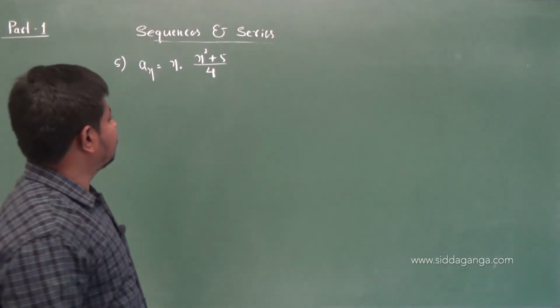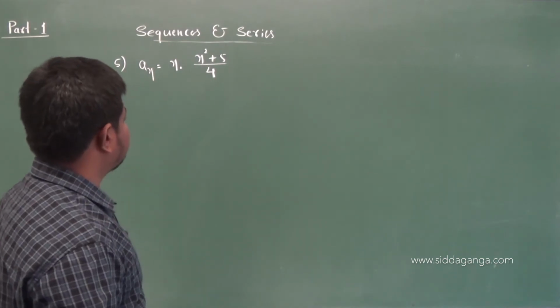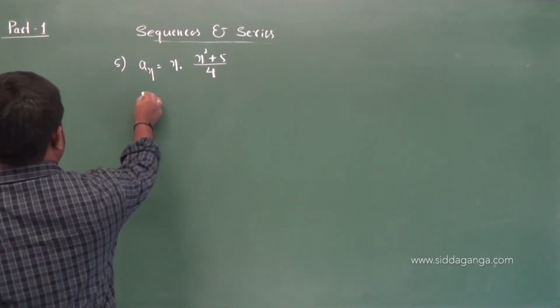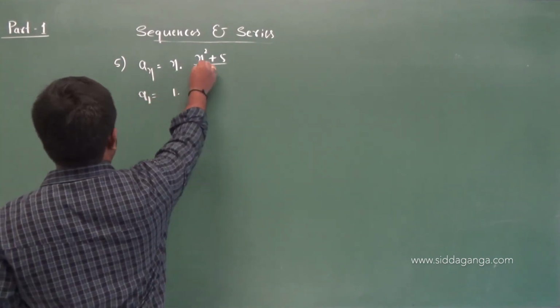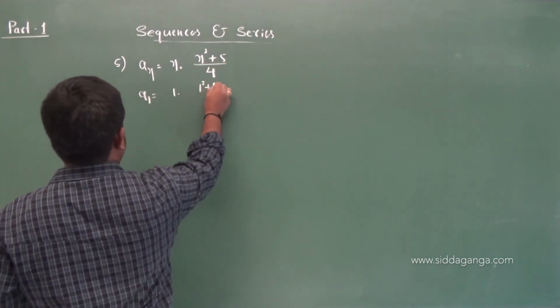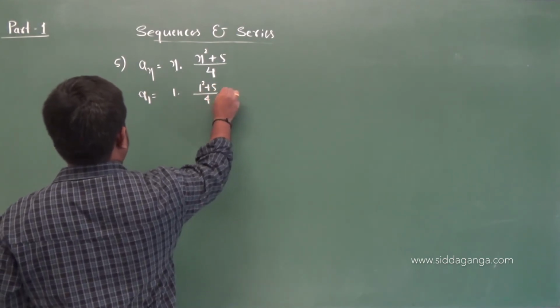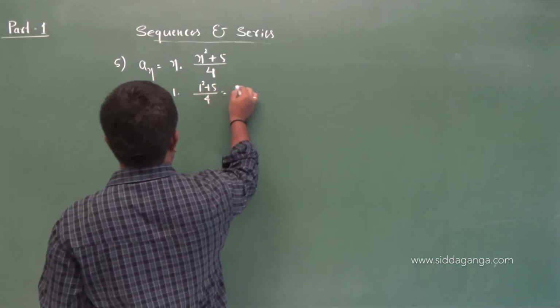We have to find the sequence in which the nth term is n into n square plus 5 by 4. So a1, in place of n you substitute 1: 1 into 1 square plus 5 by 4, you get 6 by 4, right?